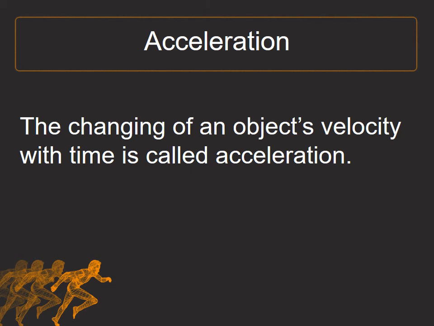And also, the same way as velocity, acceleration has also two types. Meron tayong average acceleration, and meron din tayong instantaneous acceleration. And the difference is pretty much the same as that of the difference between average velocity and instantaneous velocity.